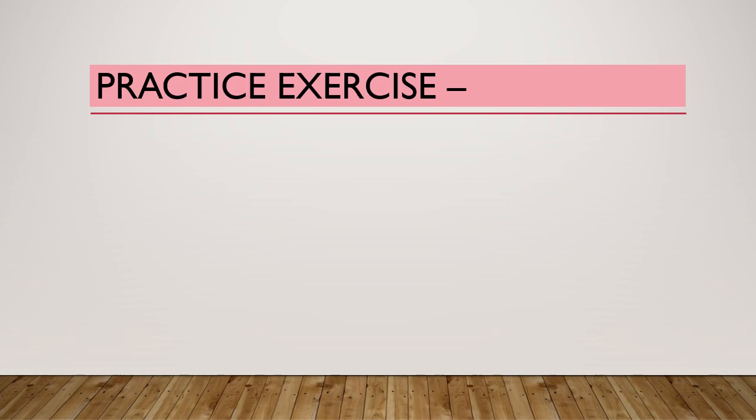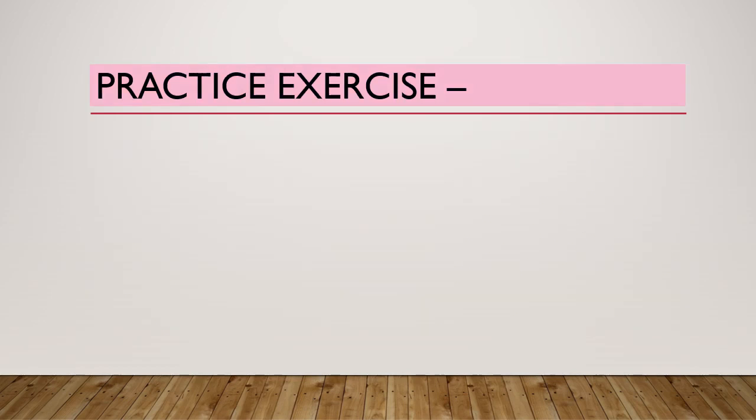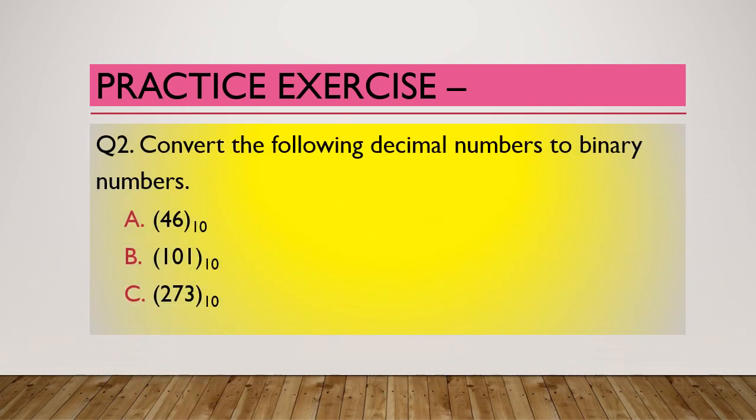Now, there are some practice exercises for you. I would like you to go through these exercises and do them in your notebook, which we will check when the school reopens. The first one is to identify the face value and place value of the decimal numbers. There are two. The next question says to convert the decimal numbers to binary.